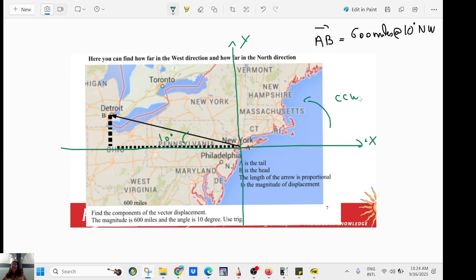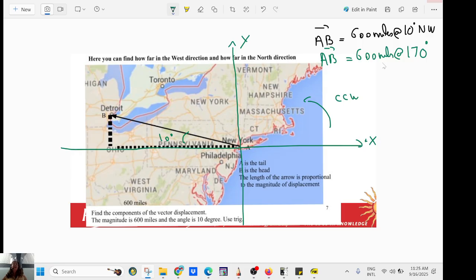So anyway, standard notation will be AB equals 700 miles at 170 degrees. So if you write it this way, you know that you have to go from the positive x-axis and you go counterclockwise. So this is called the standard notation.